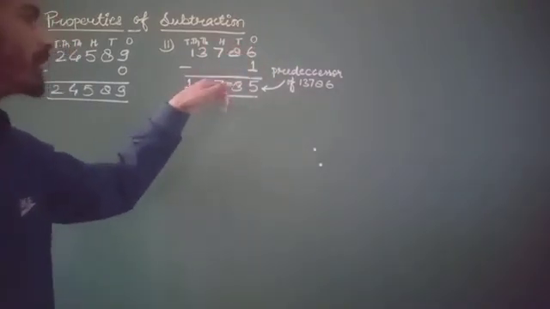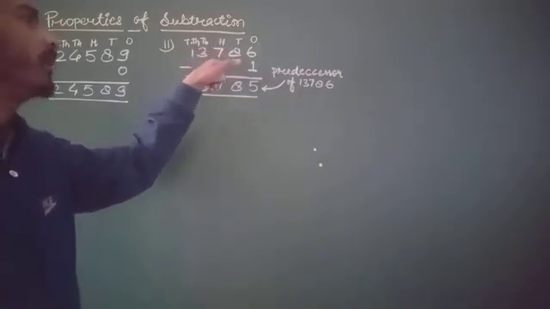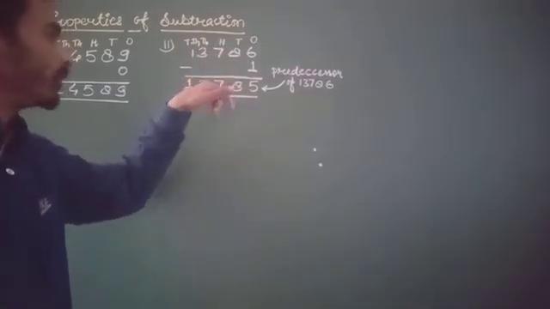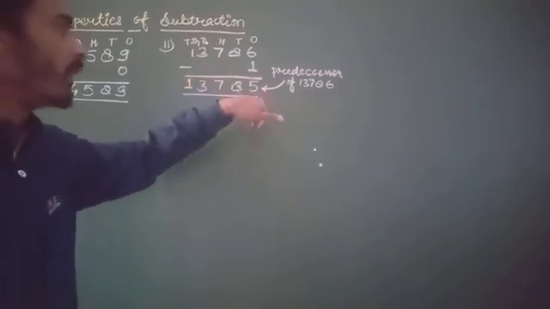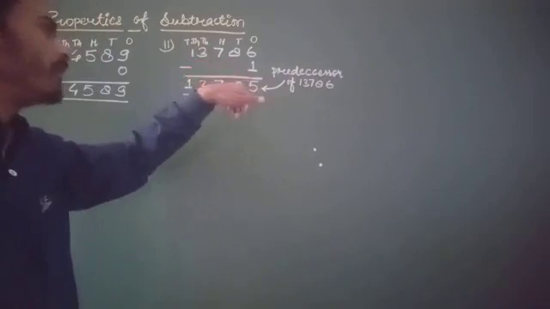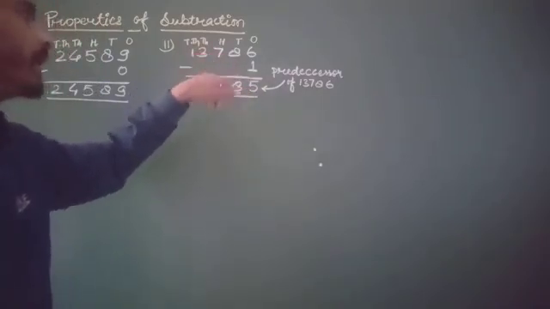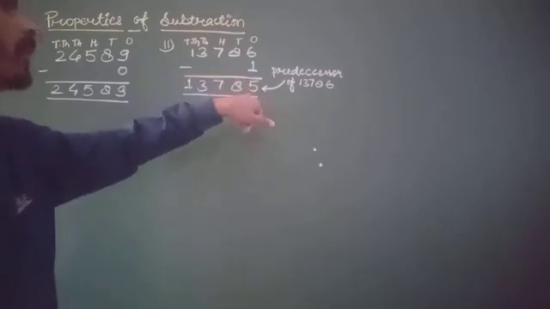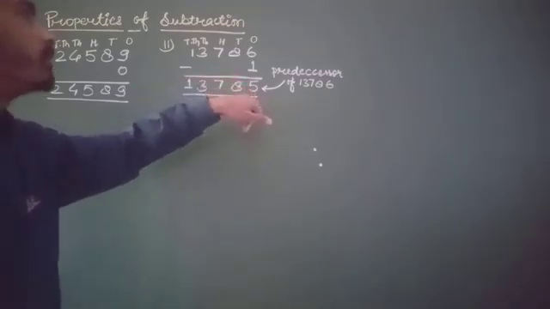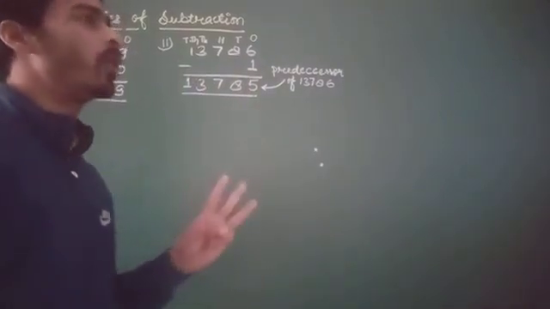In other words, 13,785 is 1 less than 13,786, and 13,785 comes just before 13,786. You have to remember these three facts.